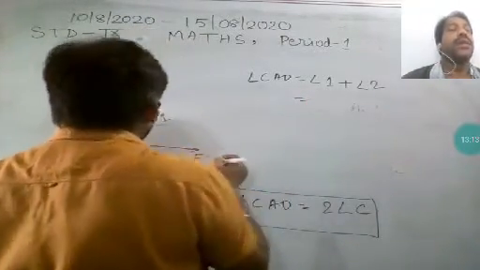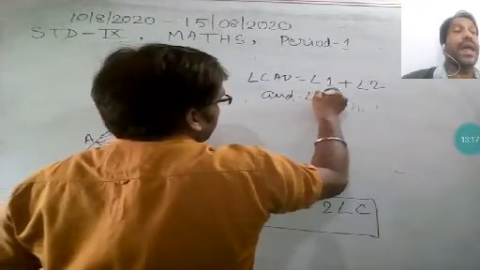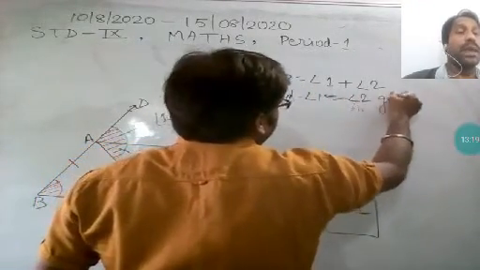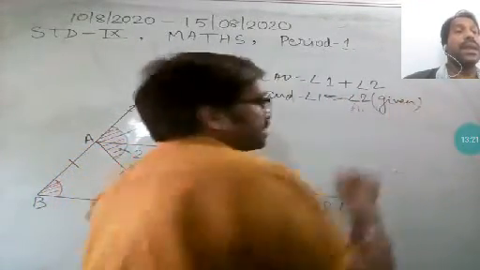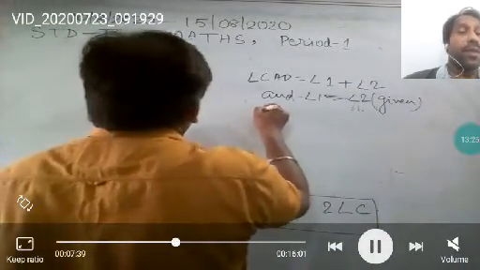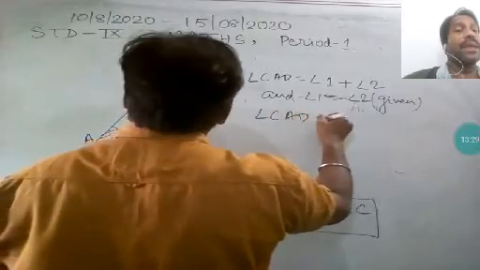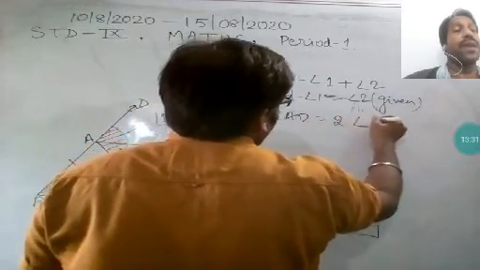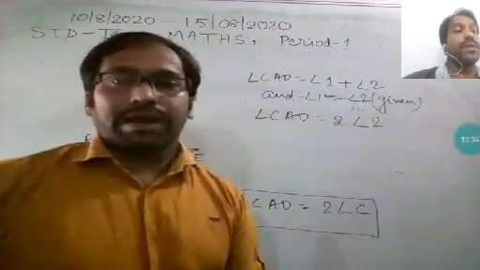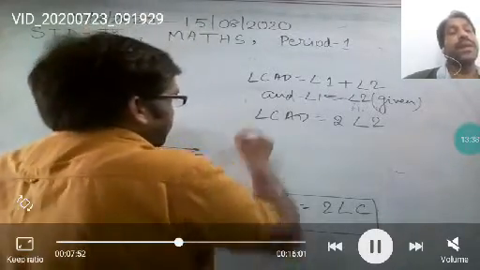I could have taken any angle, angle 1 or angle 2, but my problem will be solved with the help of angle 2 here. So I will take angle CAD is equal to twice of angle 2. My intention is that I will prove alternate angles are equal.